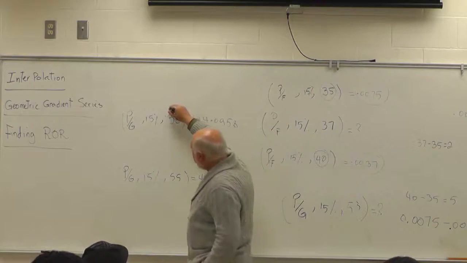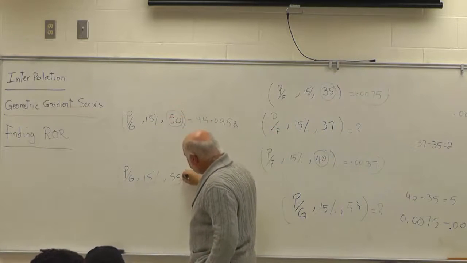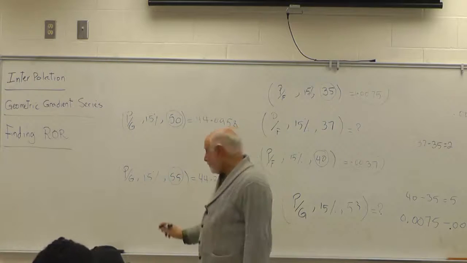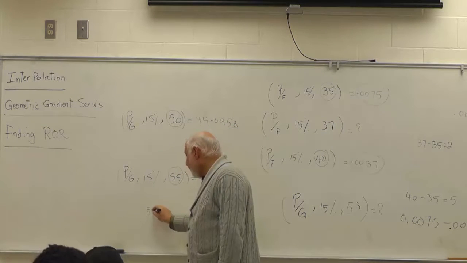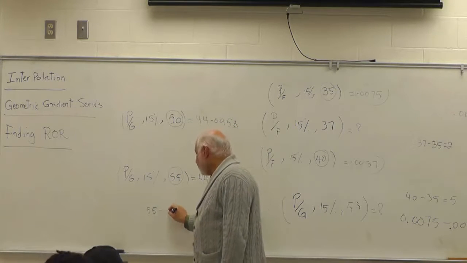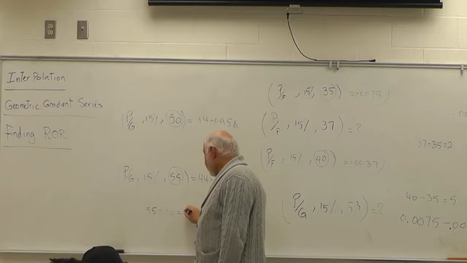So you look at these two numbers and see how much difference is between those two numbers. 55 minus 50 is 5 years.